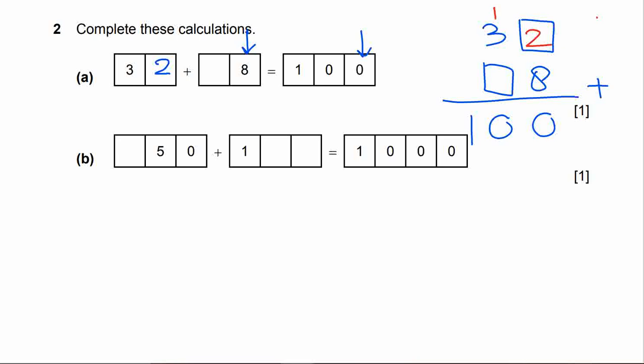So 3 plus 1, 1 plus 2 is 4. 4 plus what? That will make 10. 4 plus 6, of course. So this will be 6. So 4 plus 6 is 10. So we put 1 here. So this is our 10. So this will be the correct answer. So 32.